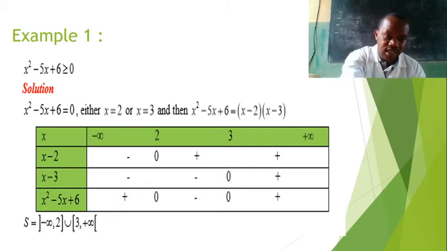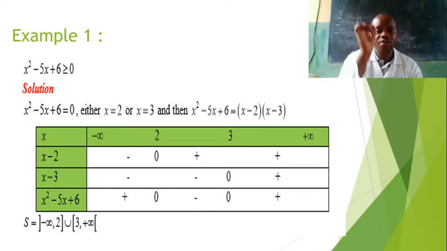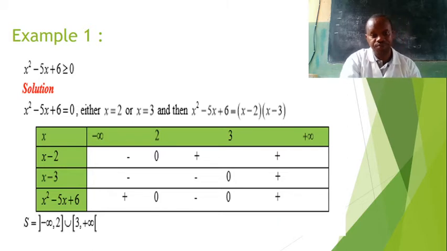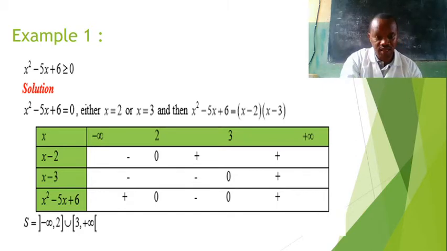And that 0 we write in the second row under the value 2. It means that when x is 2, x minus 2 will be equal to 0. We do the same for x minus 3. If we replace x by 3, we see that x minus 3 will be equal to 0 when x is equal to 3.